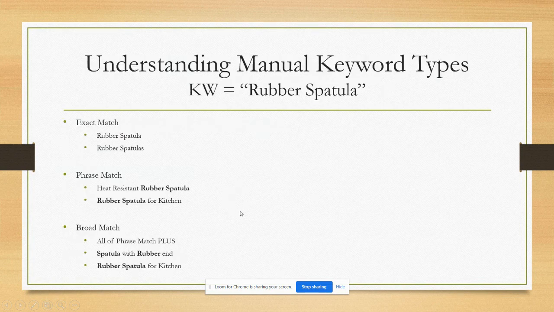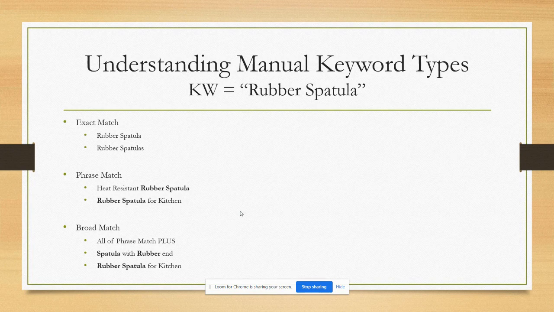And let's use rubber spatula as our base keyword. So if we put rubber spatula into an exact match campaign, it would bid to have our product show up when a customer searches rubber spatula or rubber spatulas. Amazon does take plurals into account here. For phrase match, Amazon will bid to have our product show up in any customer search that involves our keywords together in the correct order.